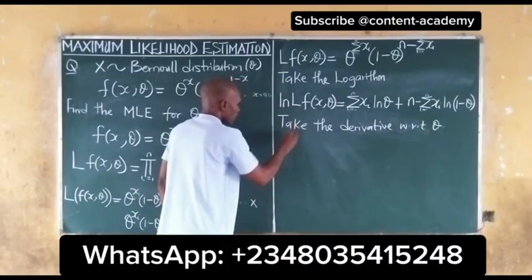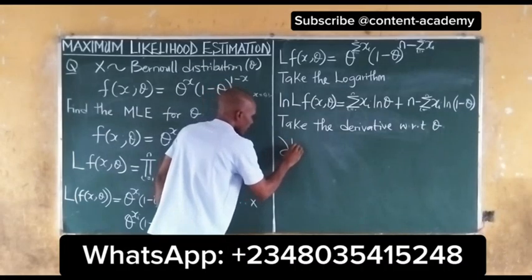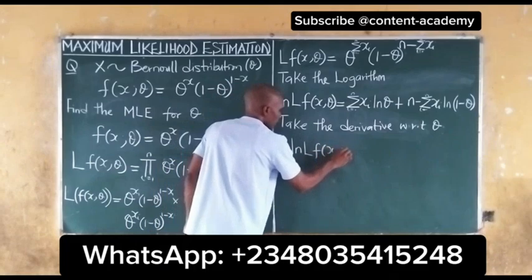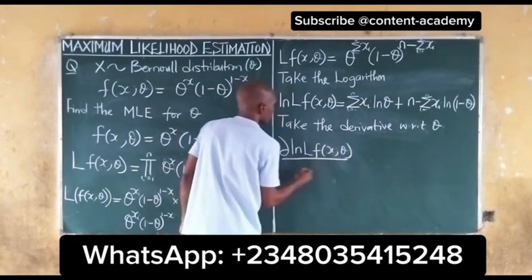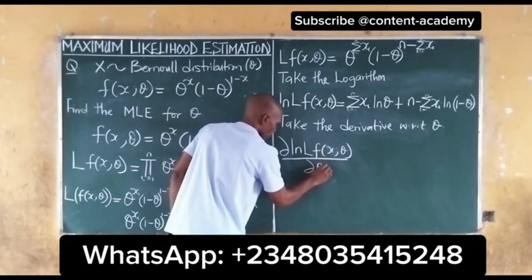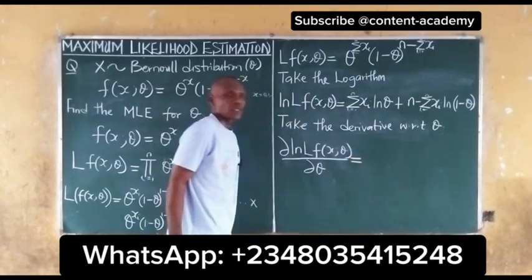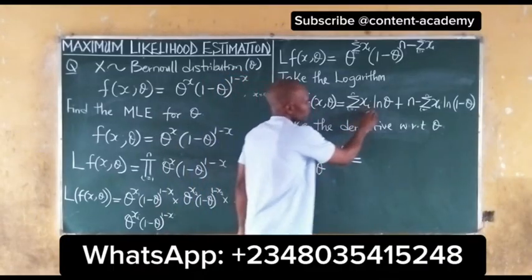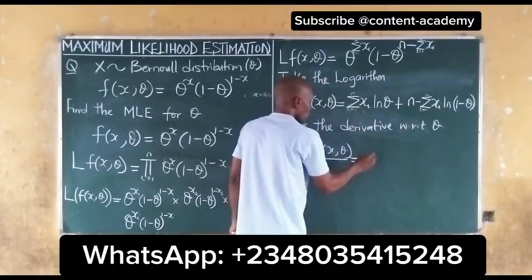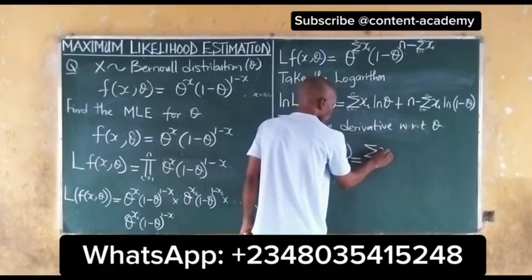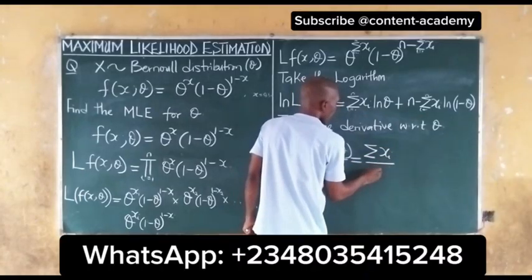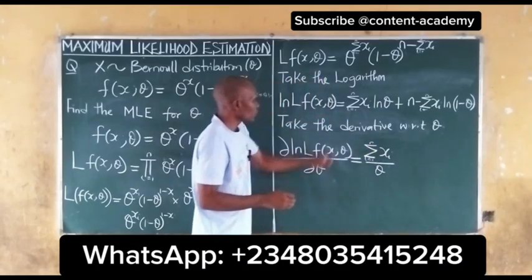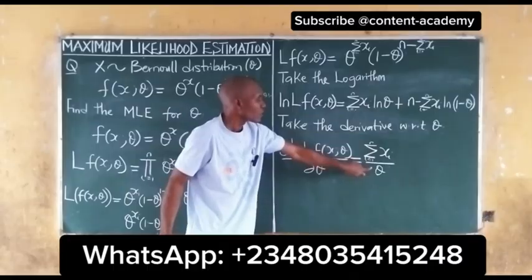So it then means taking the derivative, you can write it as d ln f of x, theta, over d theta to be equal to, if we differentiate this function, we get something like this. Summation of xi all over theta, as i running from 1 to n. If we differentiate this function, this is what we get.